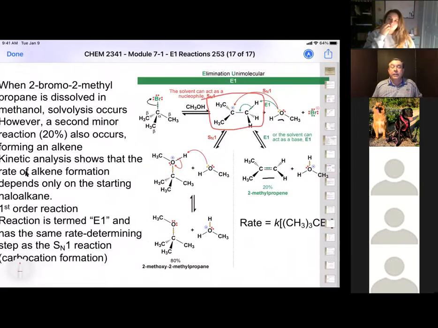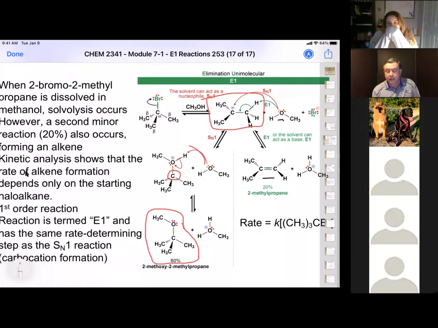The lone pair of the oxygen can act as a nucleophile and react with the carbocation center to give us our protonated species, which then can lose the proton and give us our substitution product. Okay, so we have our polar protic solvent, which is methanol. It's not a very strong base because it's neutral, but it does support a carbocation.